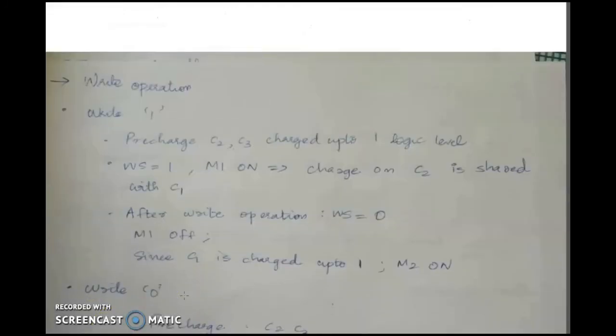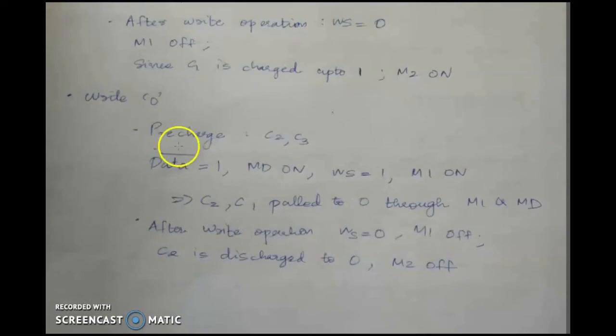Now let's see the write 0 operation. In this case also C2 and C3 have to be pre-charged, and data bar will become 1, MD is on, word select is 1, and this turns the M1 transistor on.